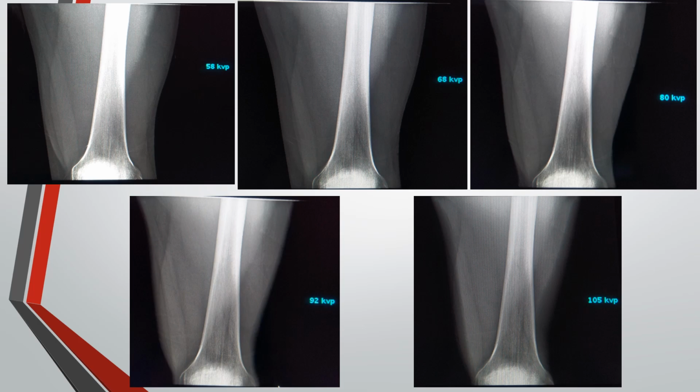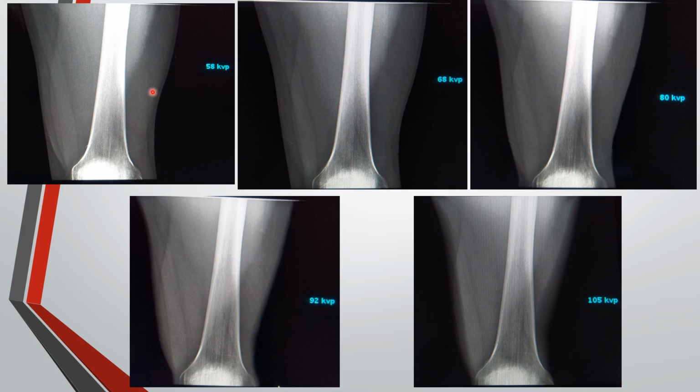So we can see the number that's set here. This is 58 kVp, and this is of the distal upper leg. Okay, and we go through the different settings. With this, the mAs is staying the same, only the kVp is changing.